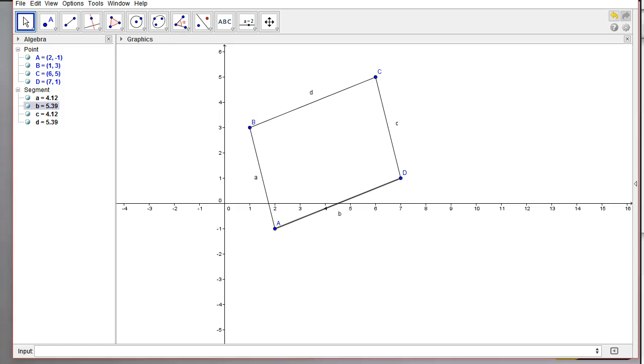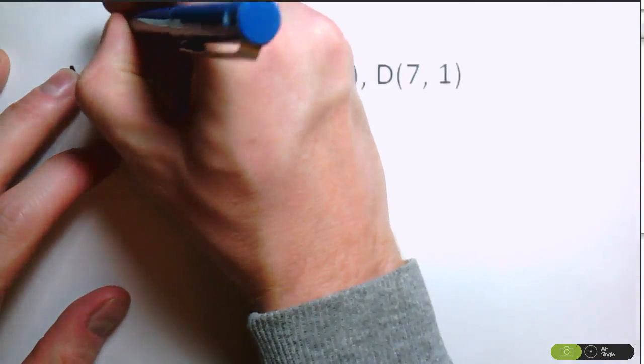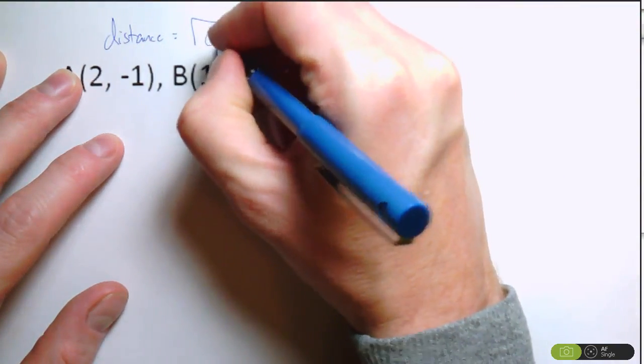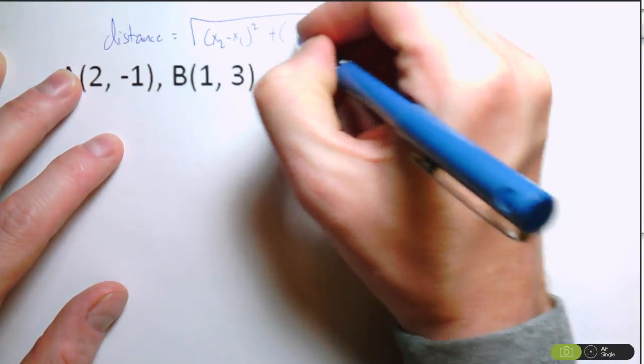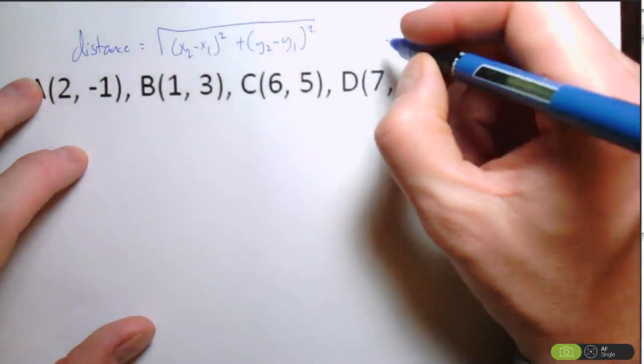Now, how we would do that besides just looking at it, that's where we come into good old formulas like distance formula. We're also going to talk about slope.